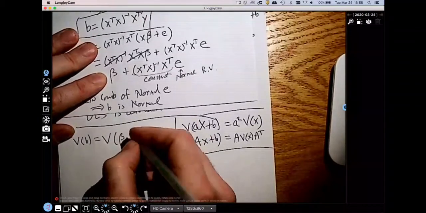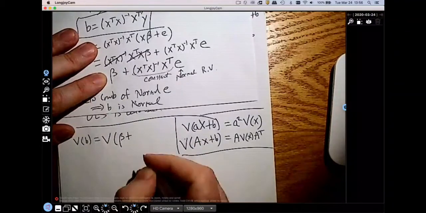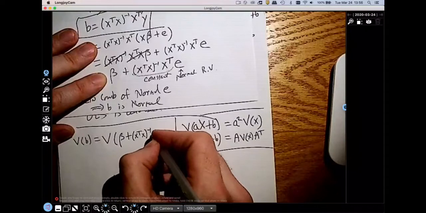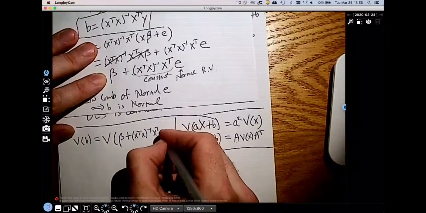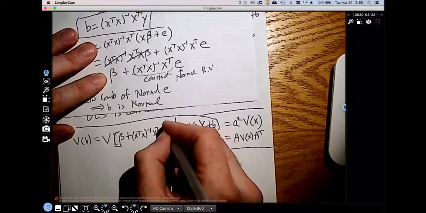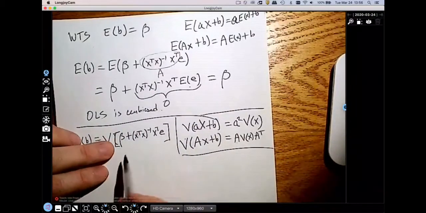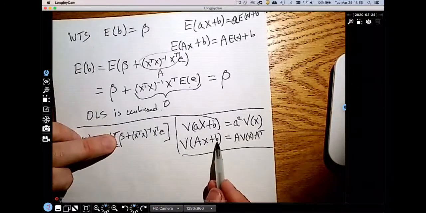So this is going to be beta plus, well, X transpose X inverse X transpose times E. Maybe I'll make these square brackets. And what I want you to note is this beta is like this B constant here.